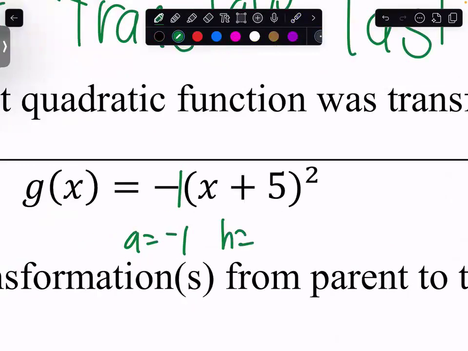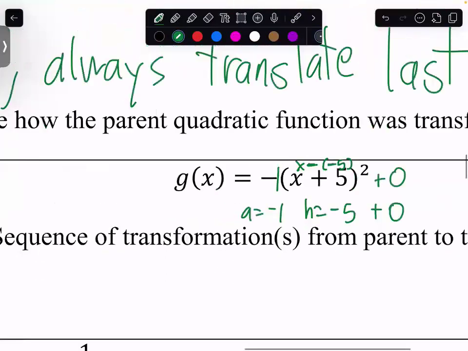H is not positive 5. H is negative 5, because remember, it's got to be x minus h. And K is invisible 0. All right, so again, H and K are invisible zeros if they're not there, but A would be invisible 1 because A multiplies while H and K add and subtract.